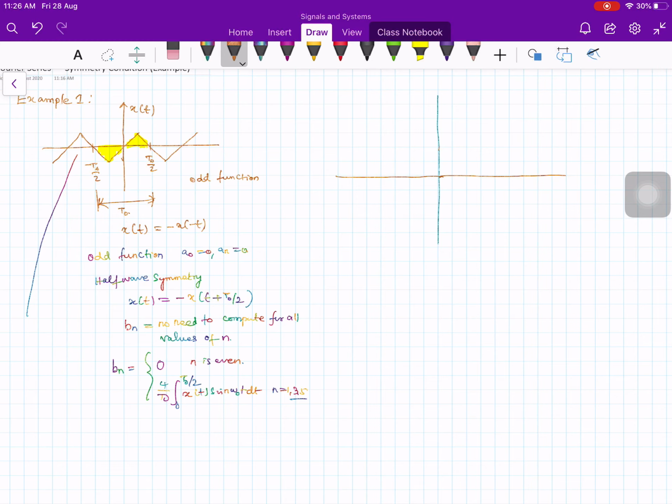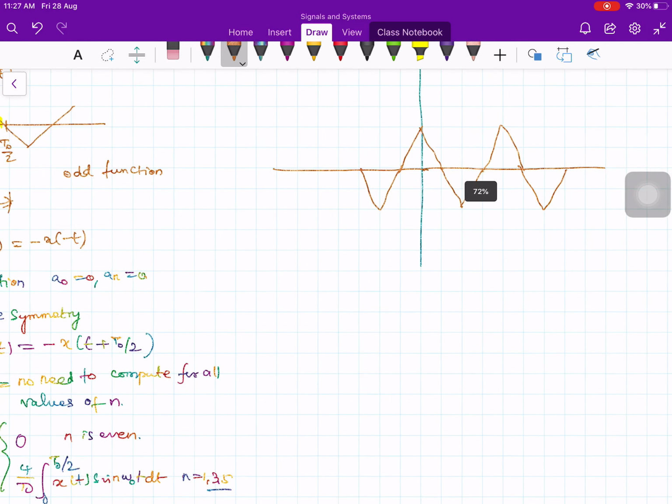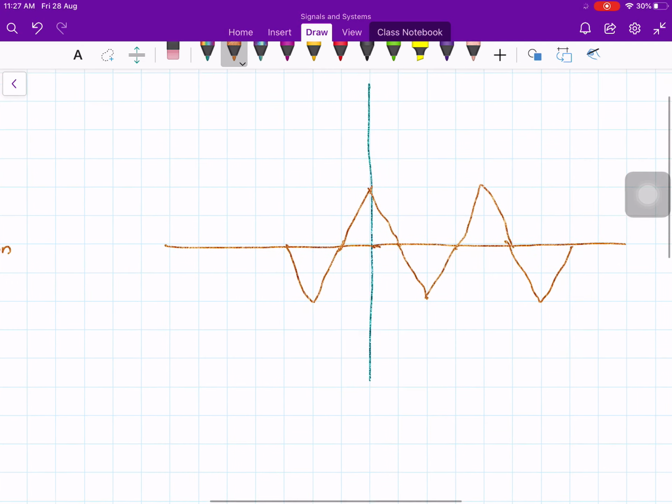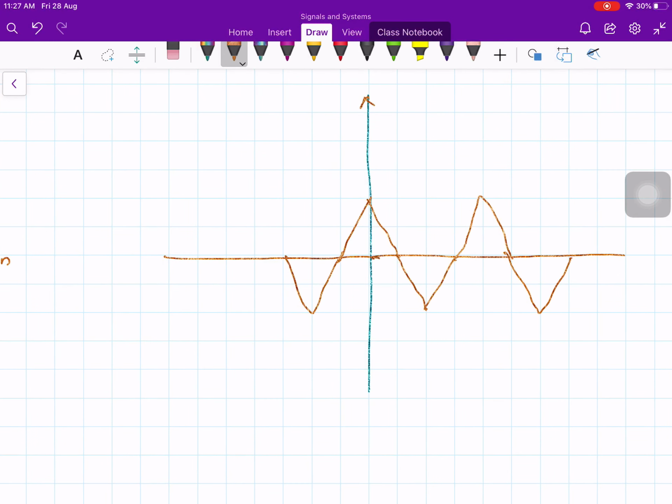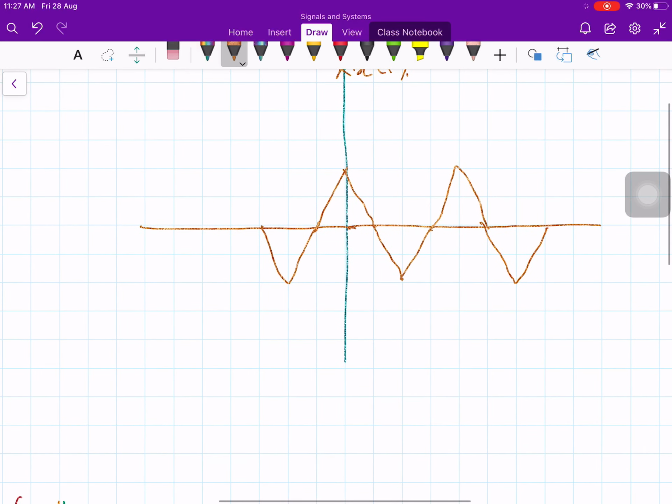So the waveform looks like this. If you shift to the left, then it goes like this, then like this. Now let me call this x of t. So you have something like this, a triangular wave, and again it is symmetrically situated at the origin.